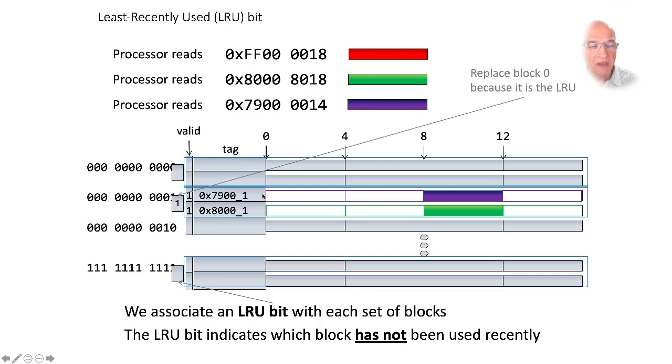So the higher associativity in the cache allows me to have multiple blocks that would otherwise conflict in a lower associative cache to be present in the cache at the same time.